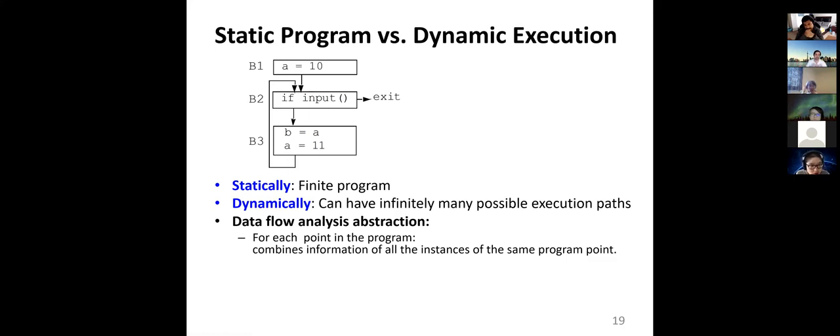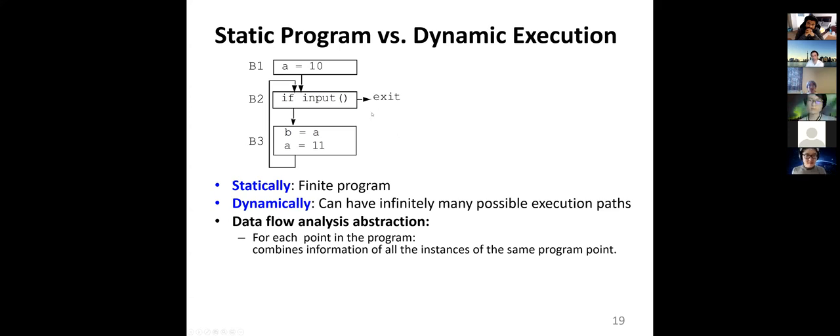So what data flow analysis usually does is go for a simpler representation. Its abstraction is that we combine the information about all instances at the same program point. Essentially, we just assume that anything that could have happened has happened here. If there is a path that can lead to the value being a equals 10, then it is possible.